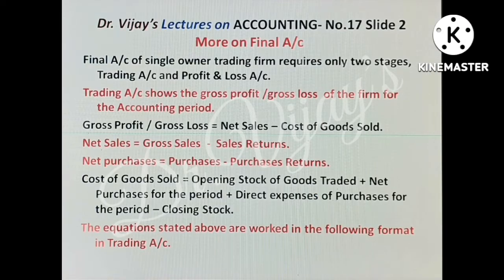All stages in final account are shown under a common heading. Balance at each stage is brought down to the next stage. And it continues. Final account of a single owner firm need only to have two stages, that is trading account and profit loss account.